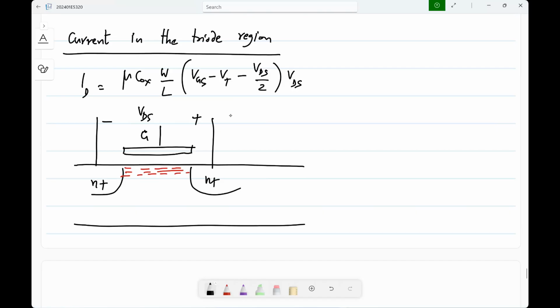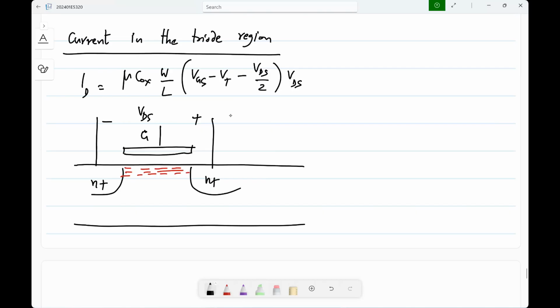Now, what is current? What is current actually? What's the definition of current? Rate of flow of charge. Okay. So if you have to determine current, what do you need? You need to know the charge density and how fast it is going, right? So how fast will it be going? What is the velocity? Mobility times electric field. Okay. So what is the electric field? Electric field in which direction are we talking about now?